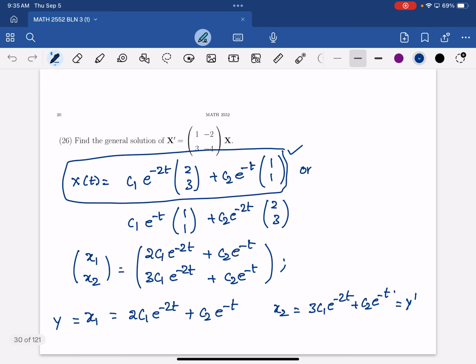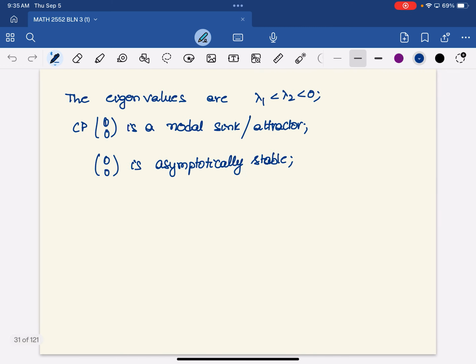Okay. And then I wrote the general solution here, and I said, okay, the general solution is that. And because your eigenvalues are real, different, and negative, you can just classify the critical point as asymptotically stable.